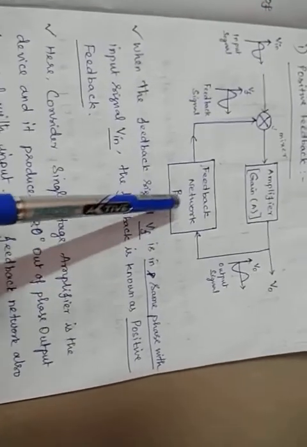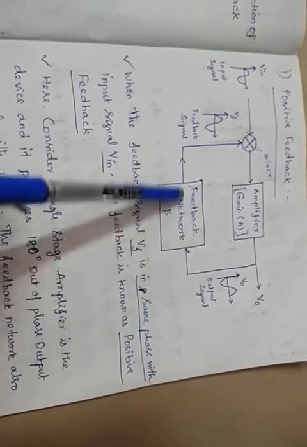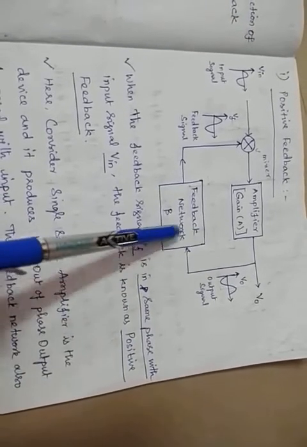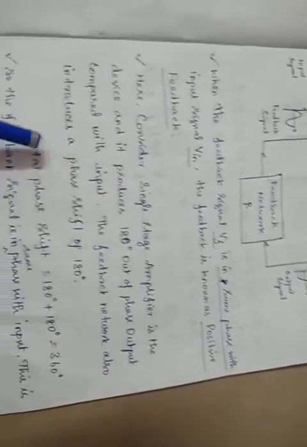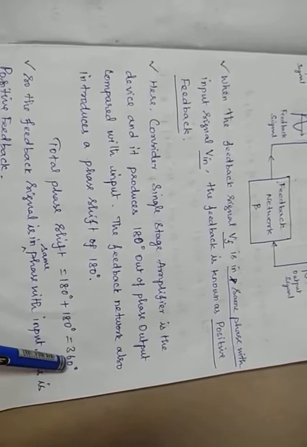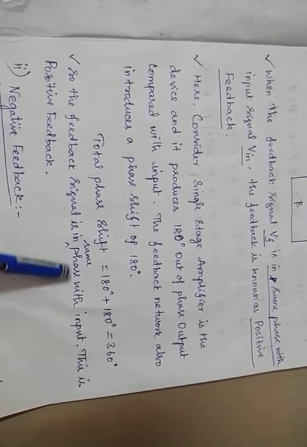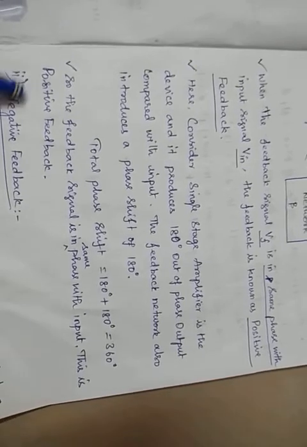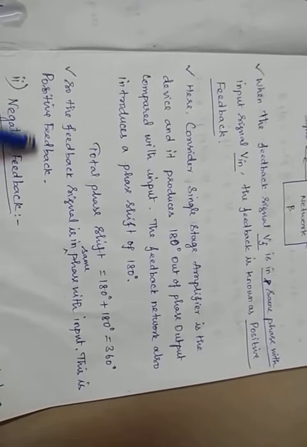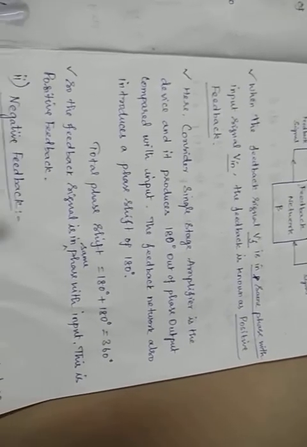I am designing this feedback network to produce a 180 degree phase shift for the given input to the feedback network. Then the total phase shift will be 180 plus 180, 360. So the feedback signal and the input signal are in the same phase. This kind of feedback is called positive feedback. This positive feedback is used in oscillators.